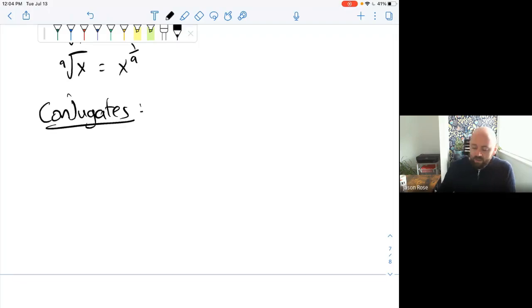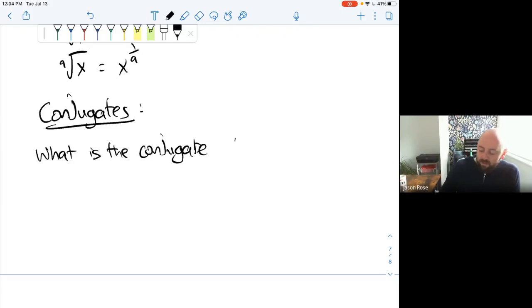So let me just see, does anybody know what conjugates are for? For example, if somebody can write in the chat, what is the conjugate of, for example, 1 plus root 2? If you know what a conjugate is, you might be able to, okay, a square root symbol might be difficult to write in the chat, but just write the word root, R-O-O-T. Know what the conjugate of 1 plus root 2 is?